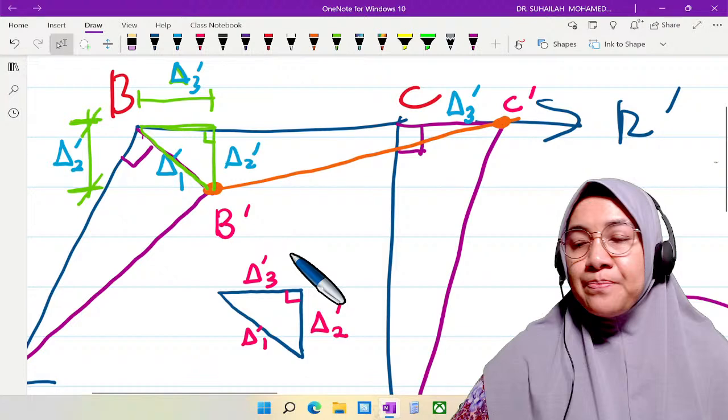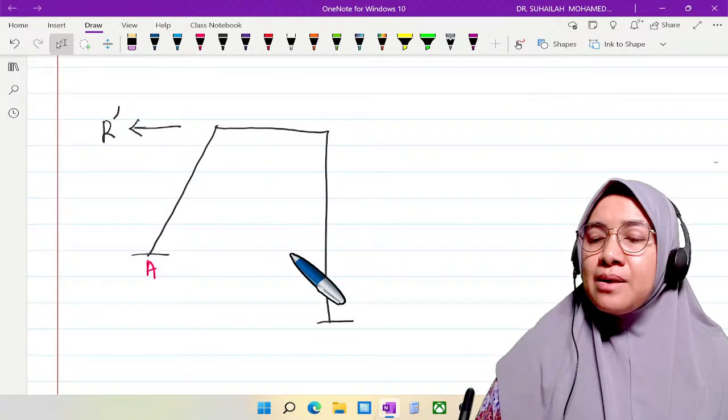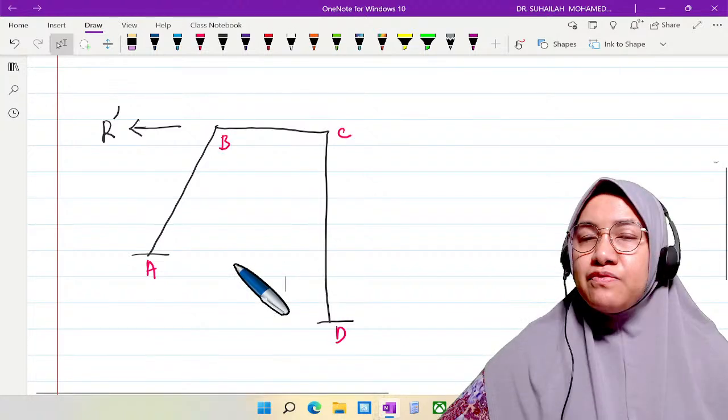The delta must be perpendicular, and we identify it from the column. So if we have A, B, C, and D, this is a sidesway frame.